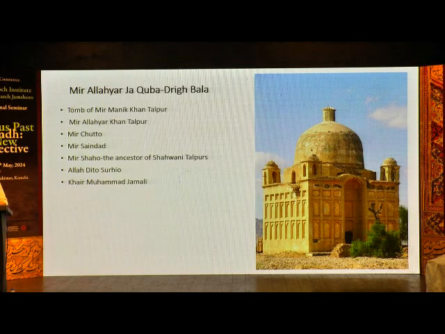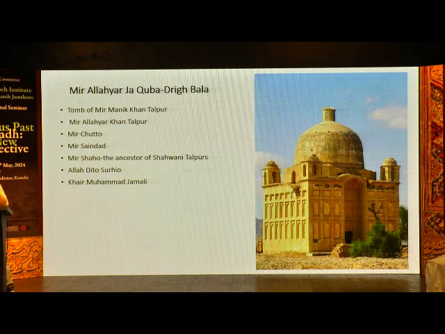So in the cemetery of Mir Alayar, we have the burial places of the most important dignitaries, which include Mir Alayar Khan Talpur, Mir Chutto, Mir Sandar, Mir Shah. Basically, the grave of Mir Shah is also located there. And apart from Talpurs, there are other tombs as well.